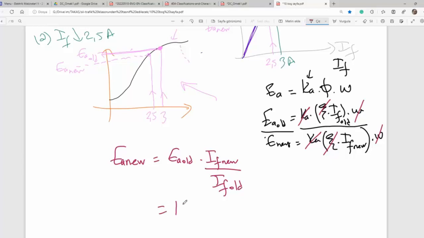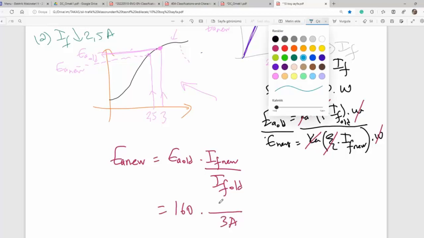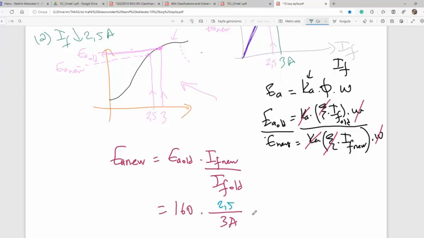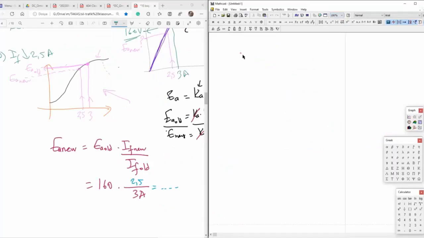Houston, it was 160 volts when there is 3 amps excitation, but the new field current is 2.5 amps. So that is the result: 160 times 2.5 over 3 makes 133.3 volts.